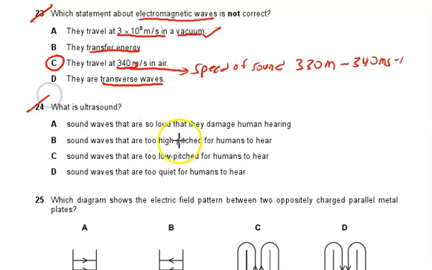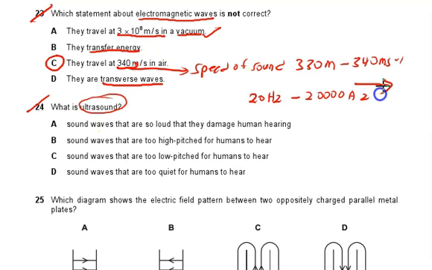What is ultrasound? Human hearing frequency is 20 Hz to 20,000 Hz. So ultrasound is beyond the human hearing range. This is about frequency. So should it be higher pitch or lower pitch?